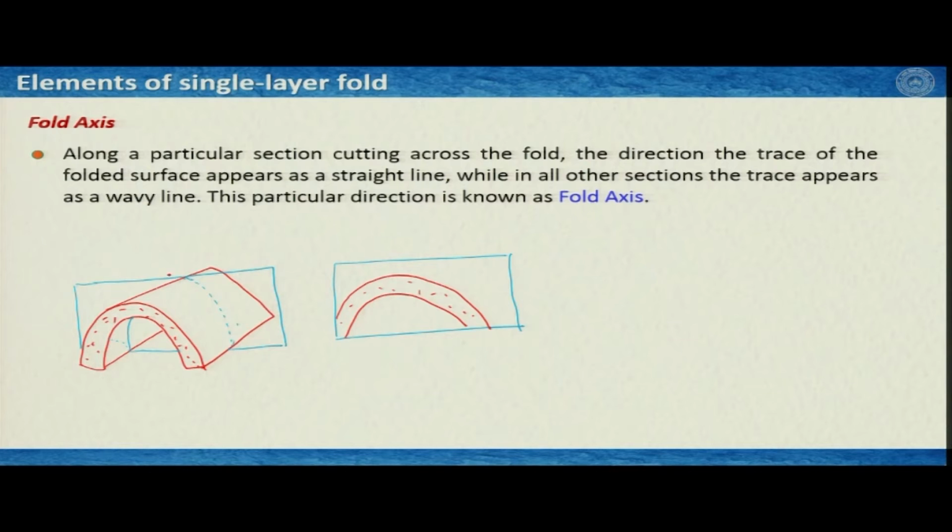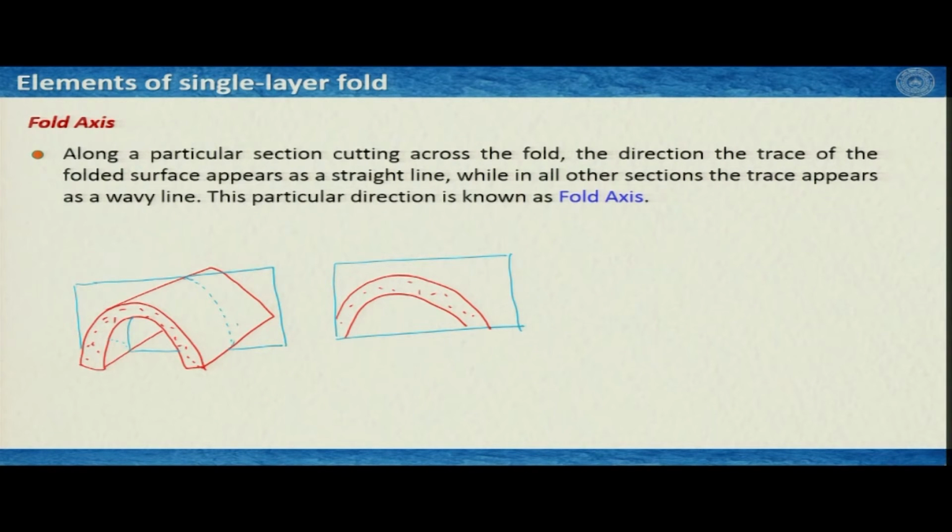I can also construct any other planes cutting across the folded surface, but in each and every plane we will always see that the trace of the folded surface would be curved.